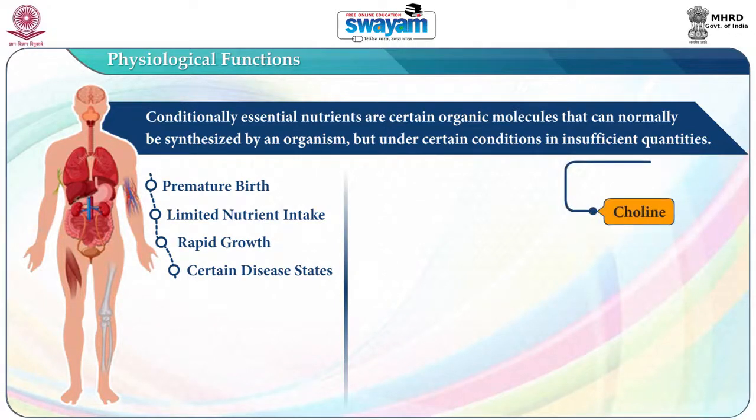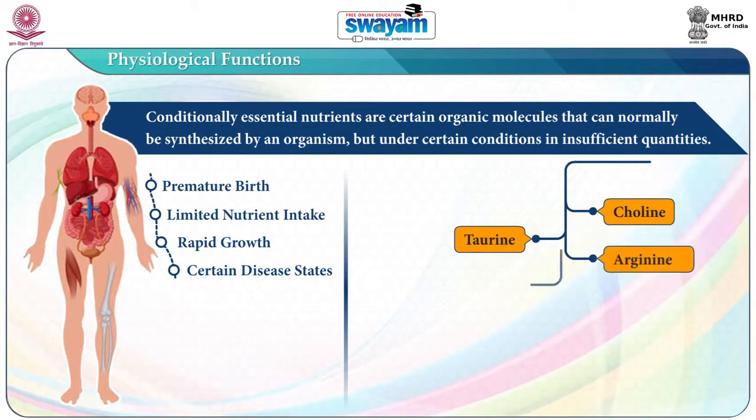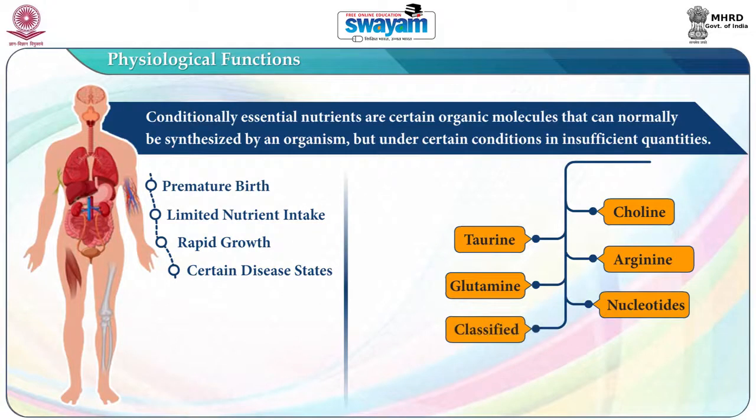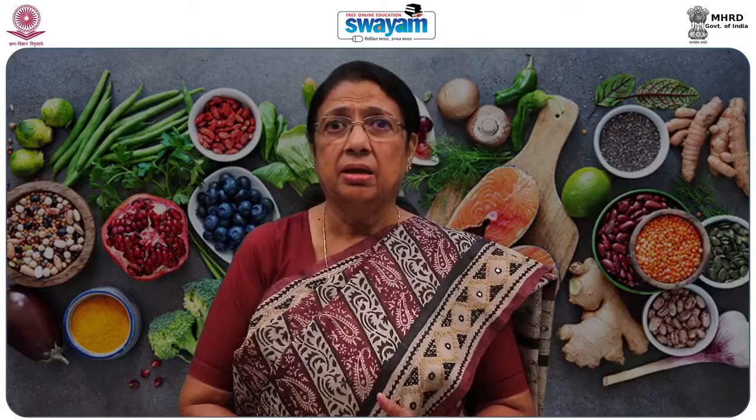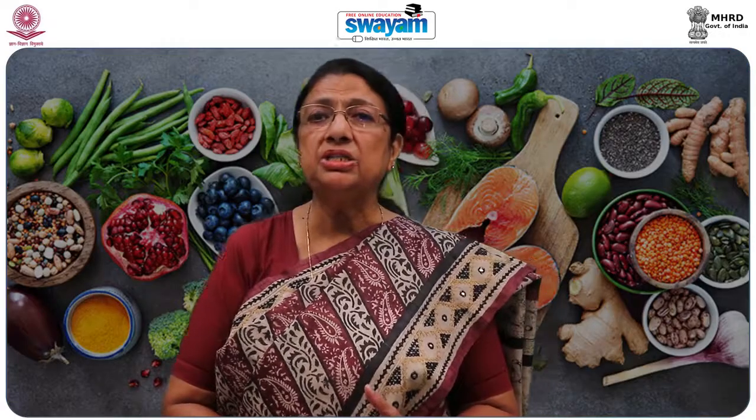Choline, inositol, taurine, arginine, glutamine and nucleotides are classified as conditionally essential and are particularly important in neonatal diet and metabolism.